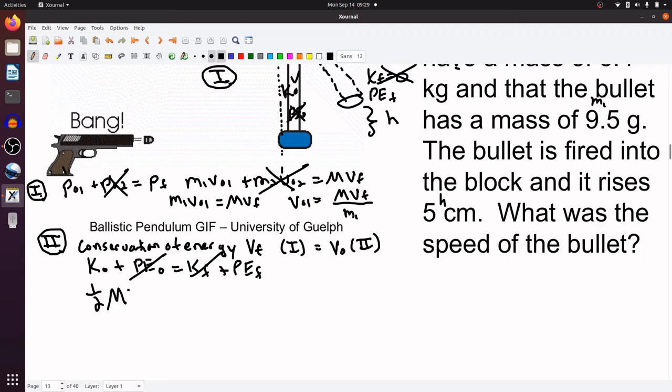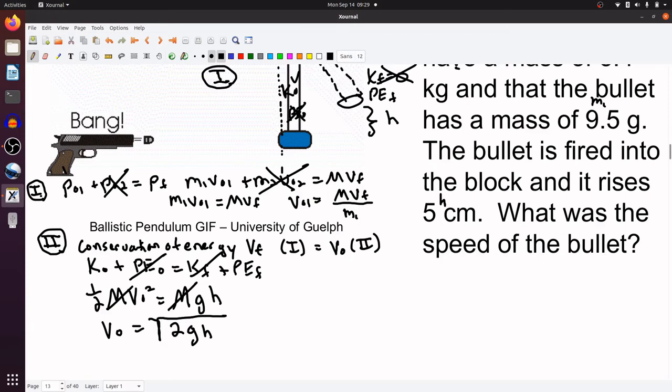And then I will just make it a big V naught squared is equal to big M G H. Well, it really doesn't matter in this case because our masses end up canceling. And I'm going to go ahead and solve this for V naught. So V naught is going to be the square root of 2gh.